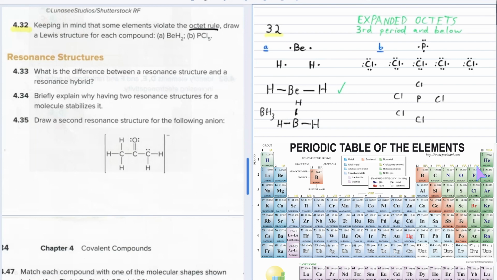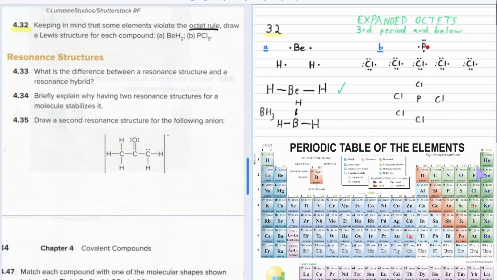Now the way we've drawn phosphorus here with its 5 valence electrons, it looks like it will typically form only 3 bonds, and that's what it typically does. But it's allowed to form 5 bonds and have an expanded octet.